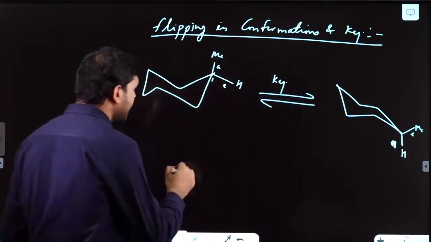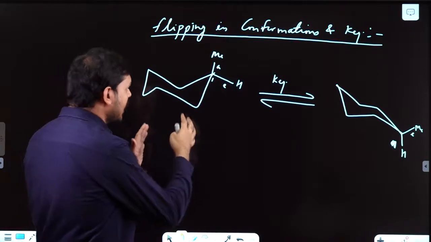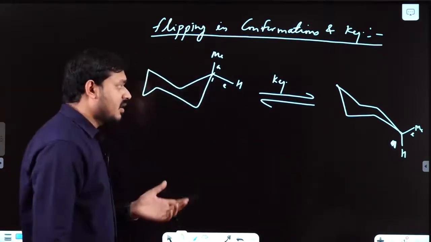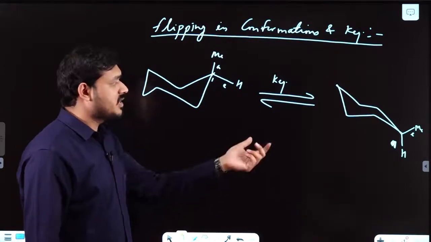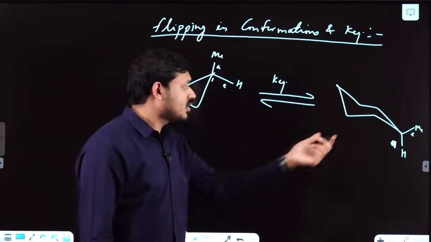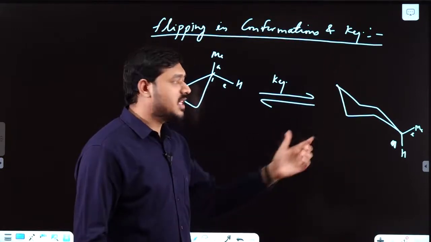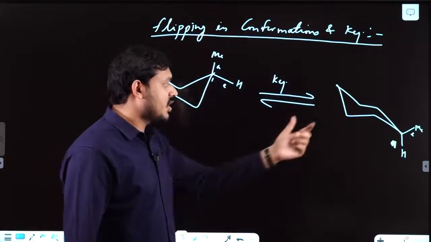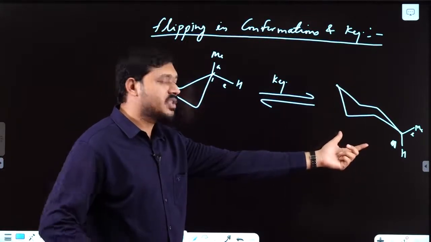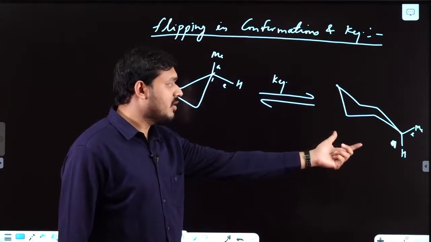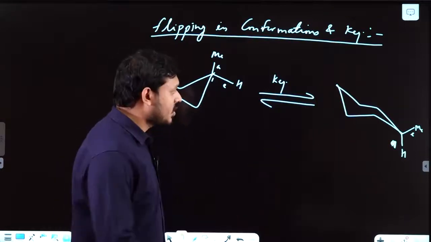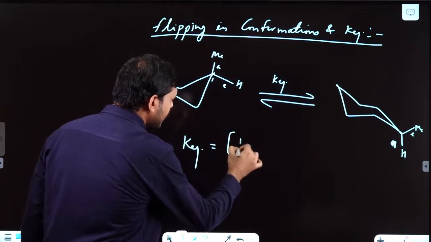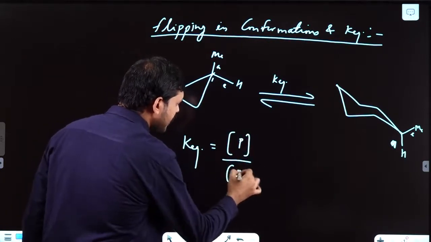So if the same compound has an axial group in one conformer and an equatorial group in another, we can understand which one will be more stable: the one having the bulky group in equatorial position. If this is more stable, then at equilibrium the concentration of the product part, in which the bulky group is in equatorial position, will be more. So K equilibrium equals the concentration of product upon the concentration of reactant.